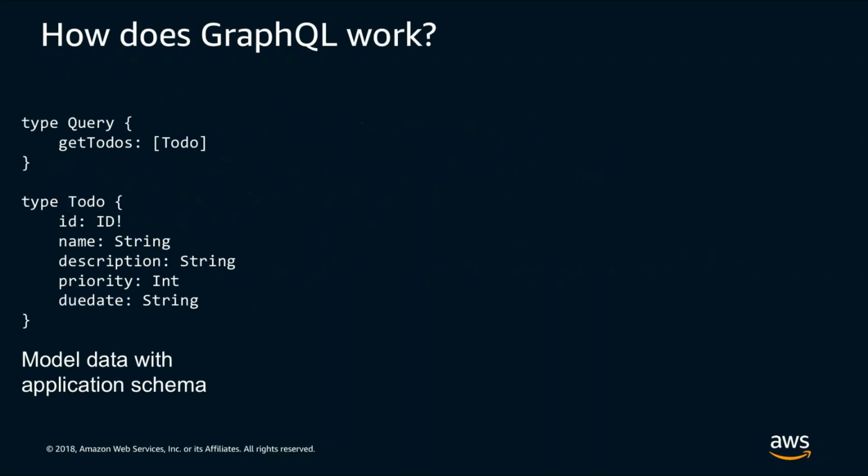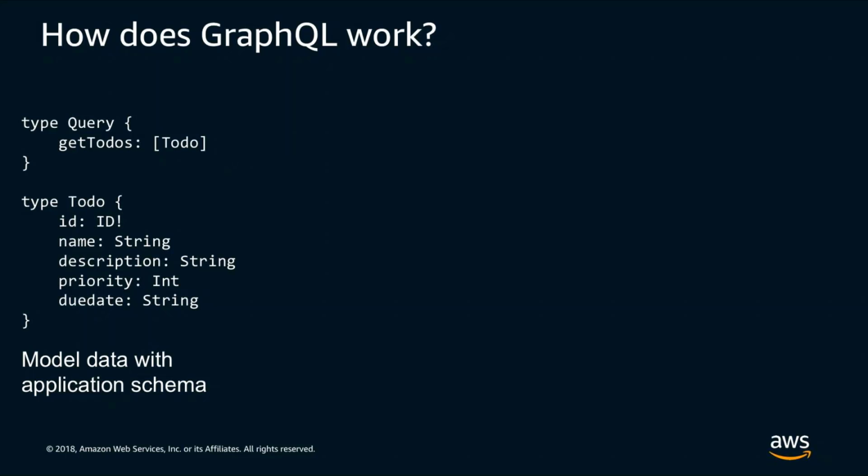So how does GraphQL really work? You start off by modeling your application data in something called a schema definition language. The GraphQL schema definition has a type system, so you define your model within the type system. This is an example of a type in a GraphQL schema.